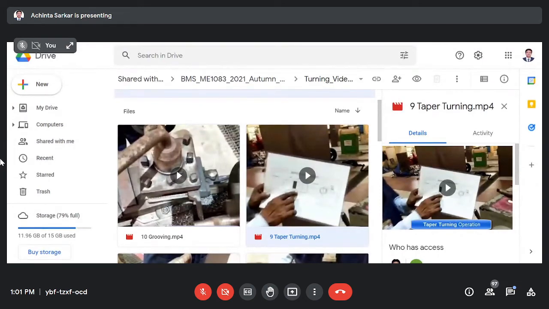Then I have to move the wheel which is attached to the compound rest, not the longitudinal wheel, not the transverse wheel. Only the wheel attached to the compound rest is rotated to move the cutting tool in an angular path.